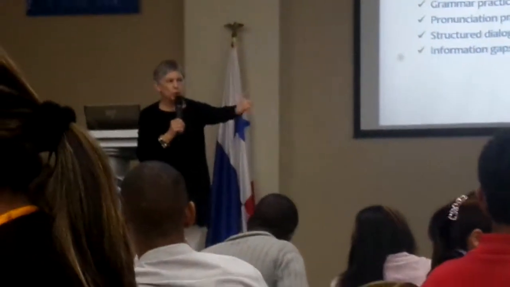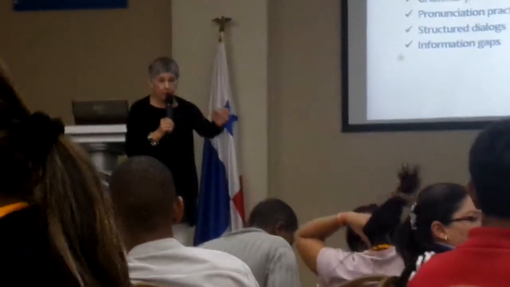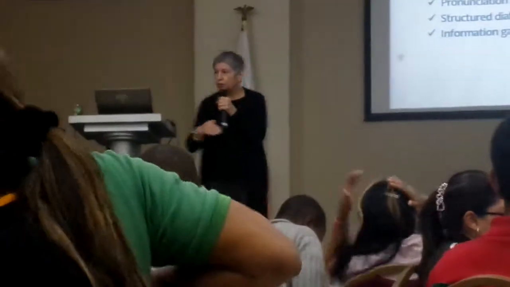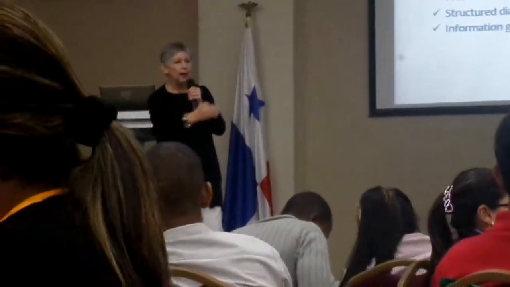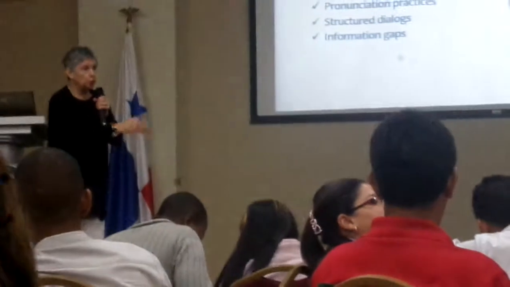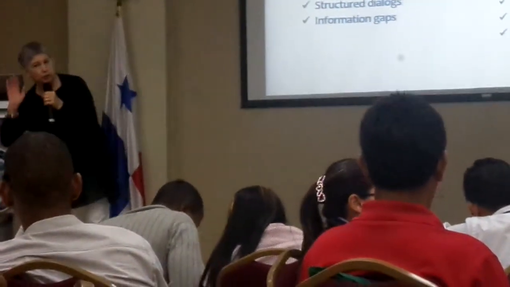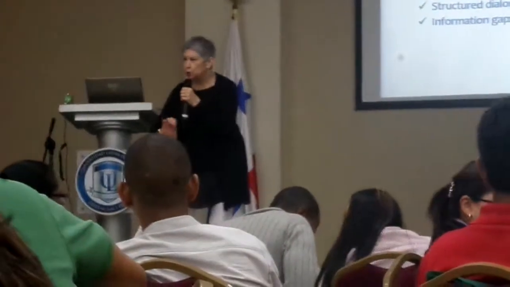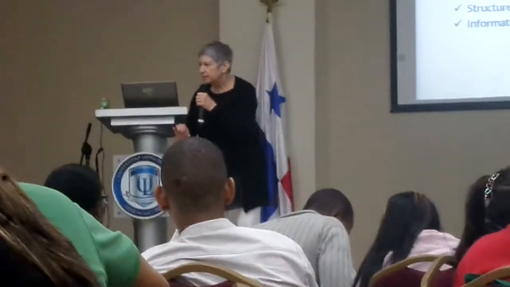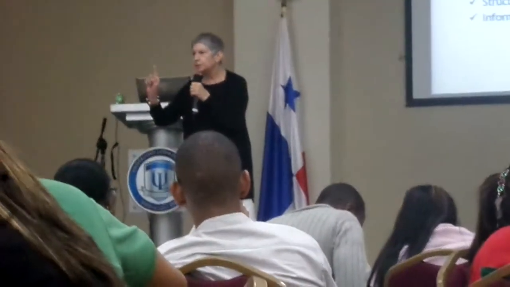Instead, do what this participant talked about before, where she walks around, and we call that monitoring. When you walk around the classroom and you listen to what students are doing and you take notes, you write down the mistakes, but you don't interrupt.